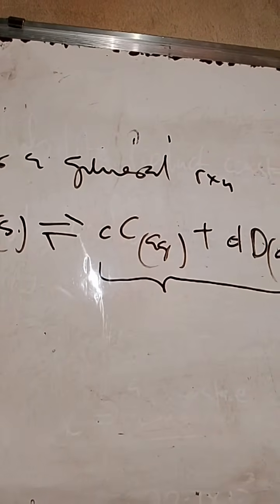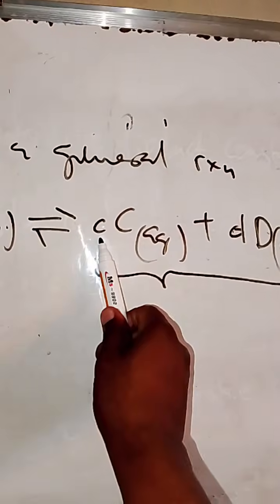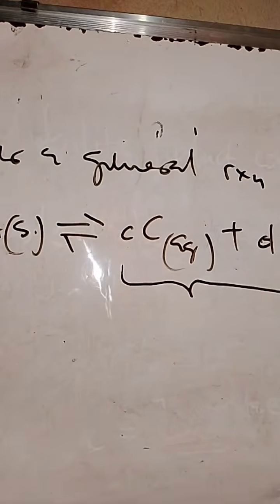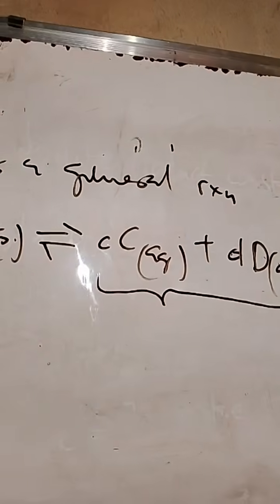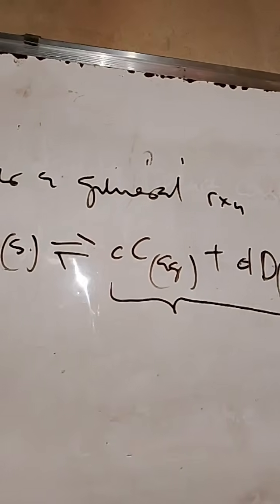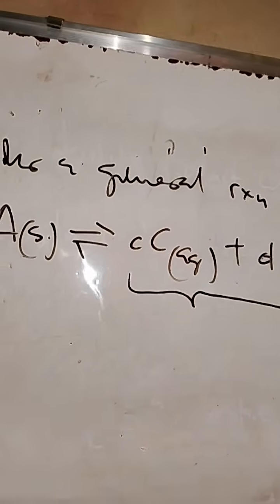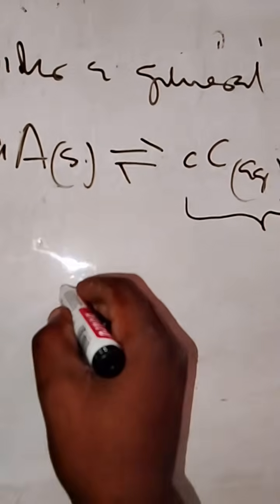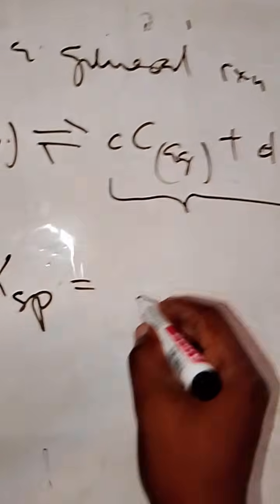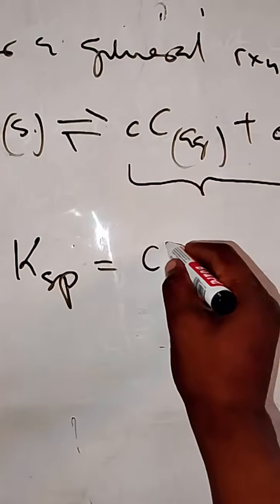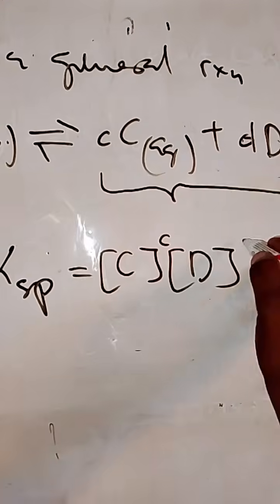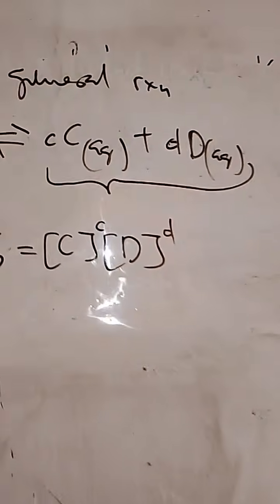If there are coefficients in front of any of the products, it is necessary to raise the concentration to the power of that coefficient. So our Ksp for this general reaction will be equal to the concentration of C raised to the power c, times the concentration of D raised to the power d.